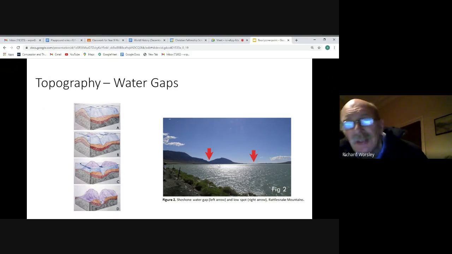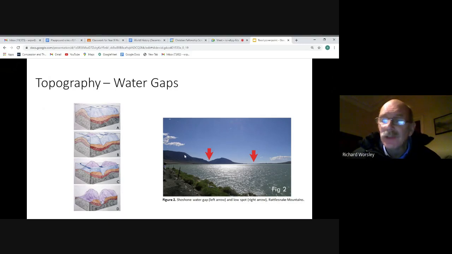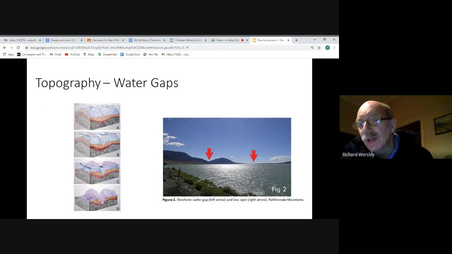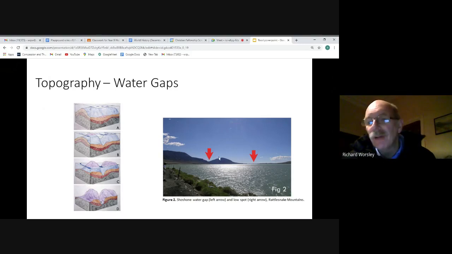That makes sense if you realize that what's going on here is that as the water drains off the land to the sea, it will find a weakness in, let's say, this ridge of mountains, and it will dig into that. And what you may not realize is that water is an extraordinarily powerful agent when it comes to erosion.